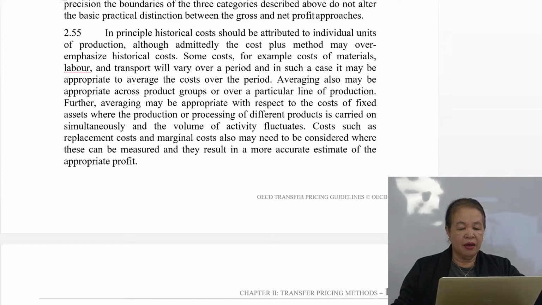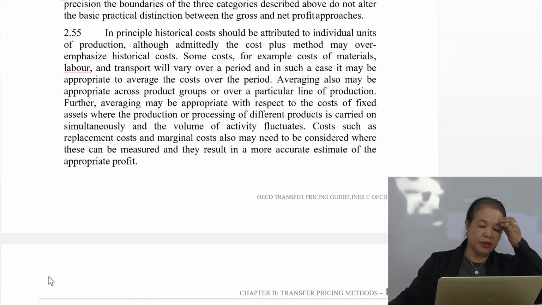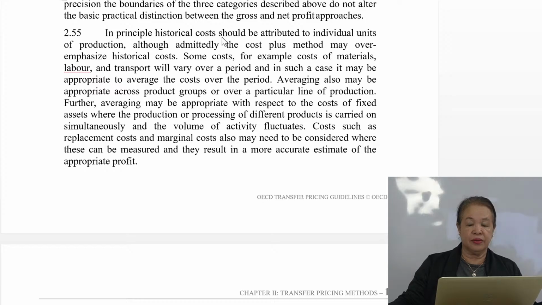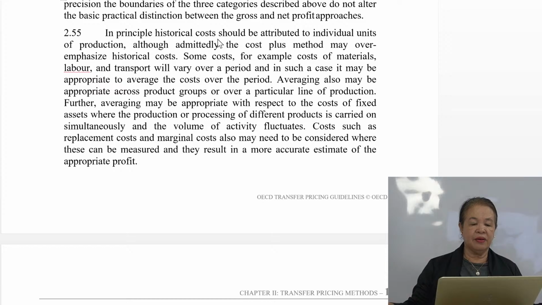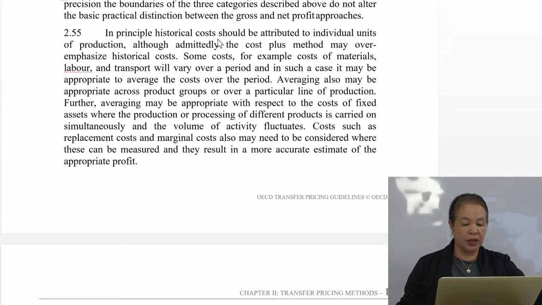Averaging also may be appropriate across product groups or over a particular line of production. So further, averaging may be appropriate with respect to the cost of fixed assets, where the production or processing of different products is carried on simultaneously and the volume of activity fluctuates.